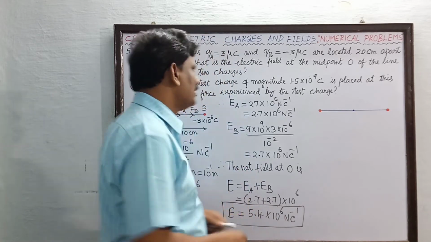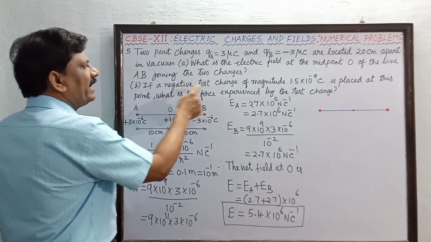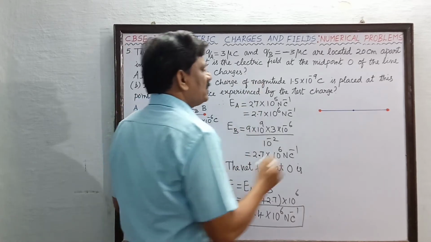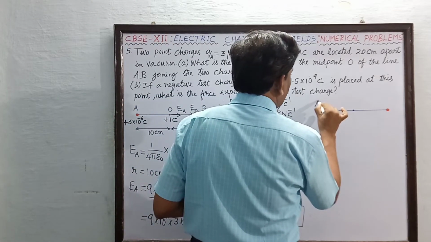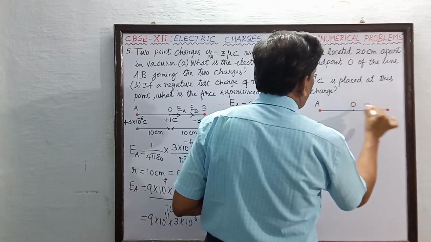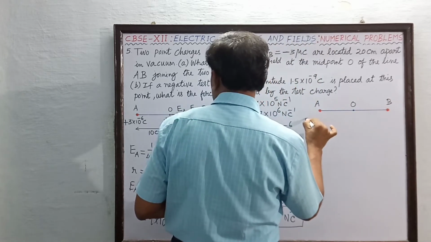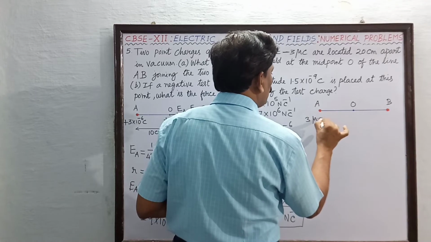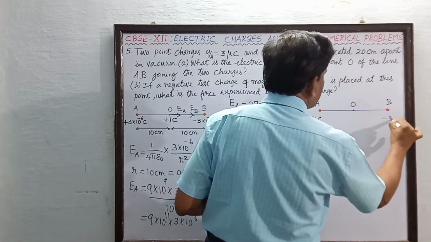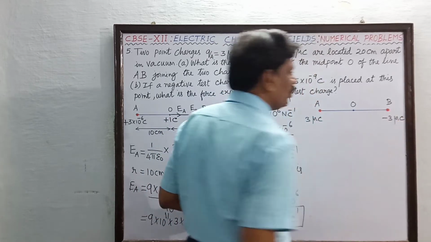Okay, what is the second subdivision? Here this is point A, this is O the midpoint, and this is point B. Here there is a charge of 3 microcoulomb and here there is a charge of minus 3 microcoulomb.